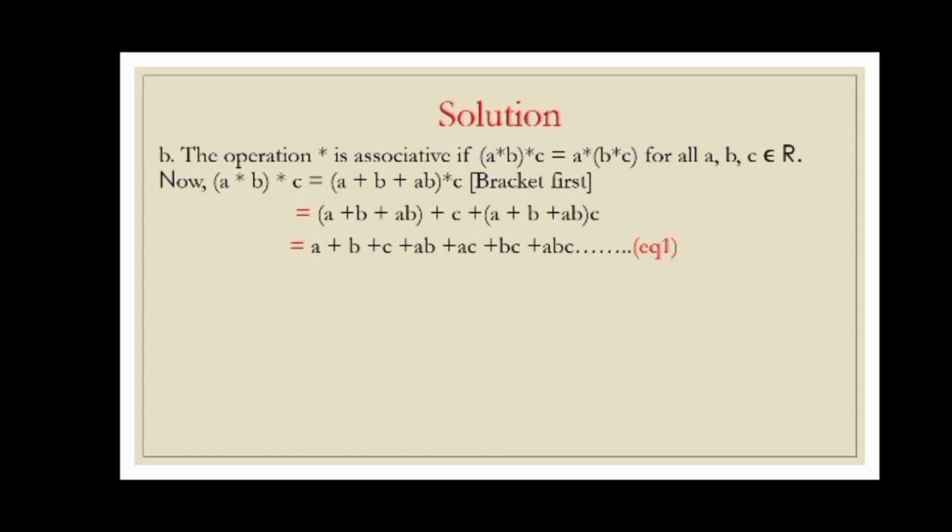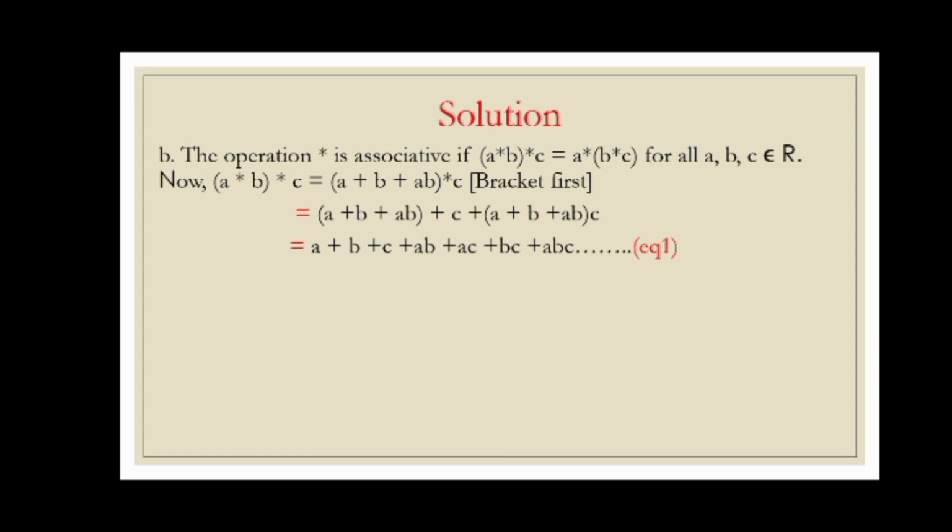Okay, so in expanding, we have A plus B plus AB plus C plus A plus B plus AB multiplying C. Rearranging it, to get our first equation, we have A plus B plus C plus AB plus AC plus BC plus ABC.